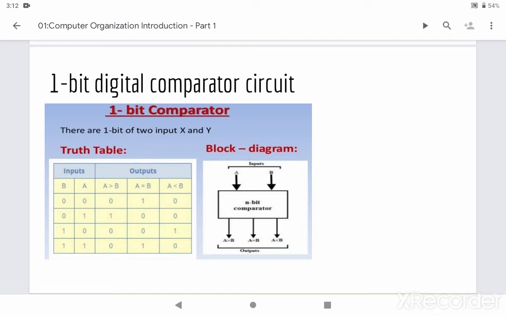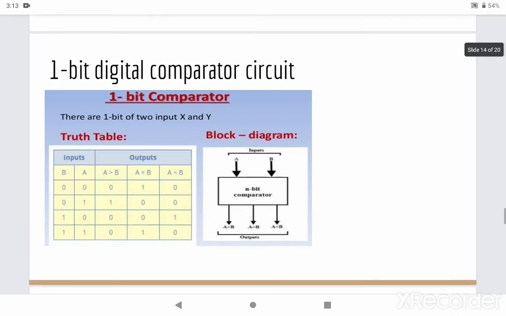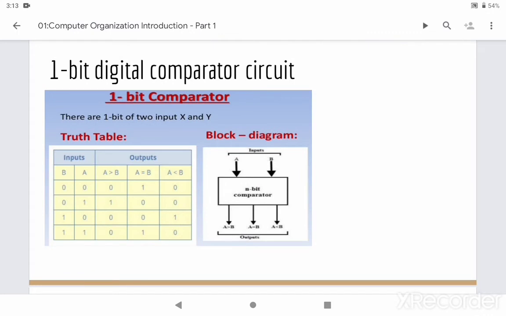Let us see what the truth table will be for the 1-bit digital comparator circuit. I am passing two values, B and A, and my inputs are 0, 0. Then in the output location, you can see three portions.